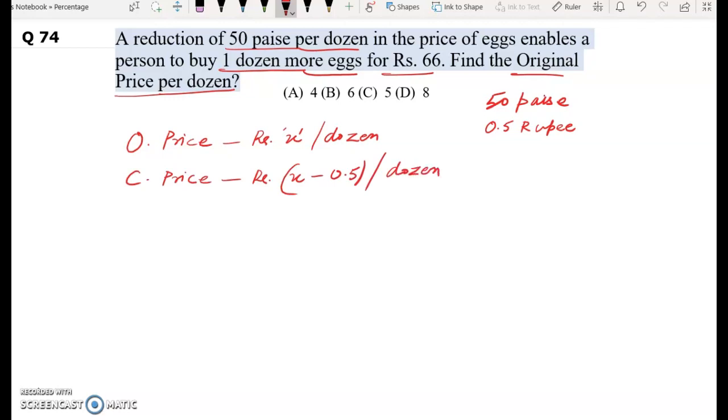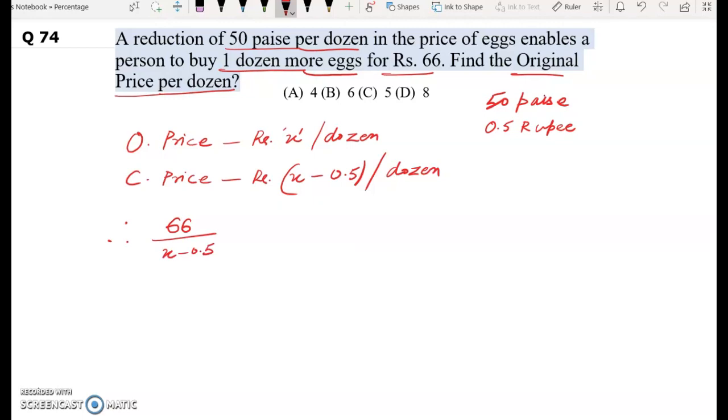Now in this question it says, because of the reduction of price, the person was able to buy 1 dozen more eggs for rupees 66. Now the expenditure is how much? 66, and the current price is X minus 0.5.